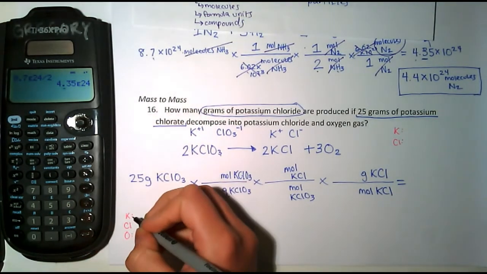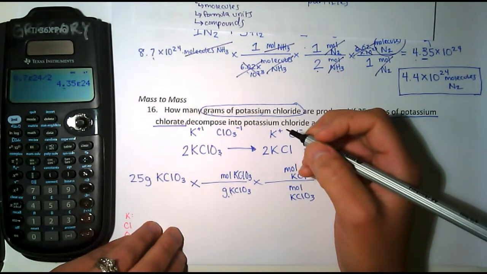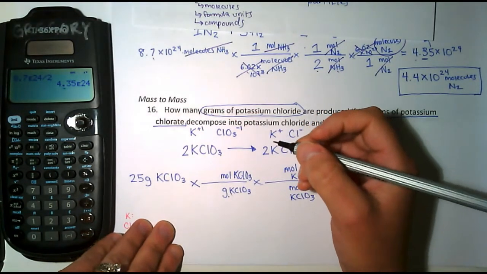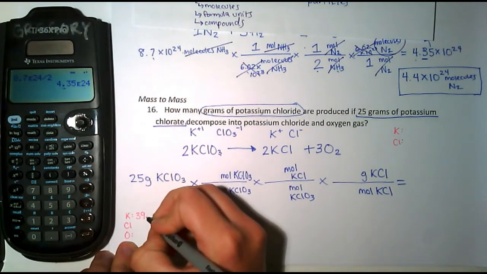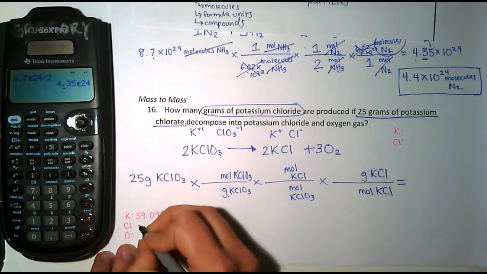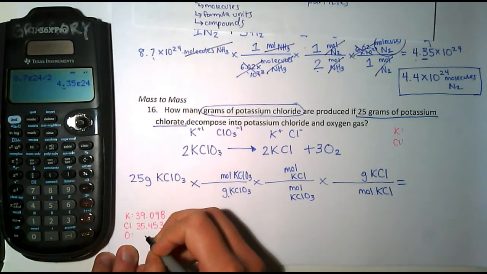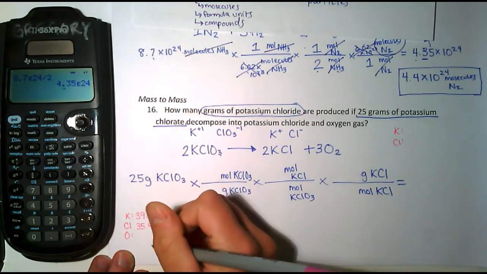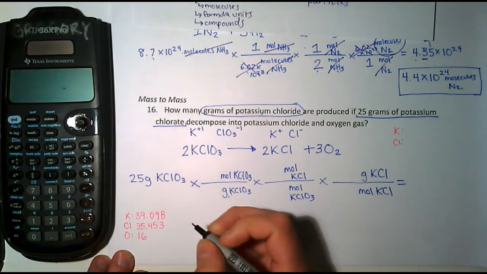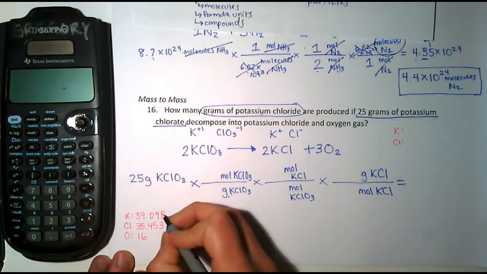So potassium's mass is 39.098. Chlorine's mass is 35.453. And oxygen's mass is 15.999, which we know we can round to 16. But so there's 1 potassium, so this is just one of those.